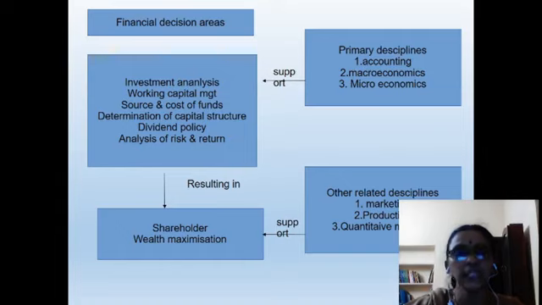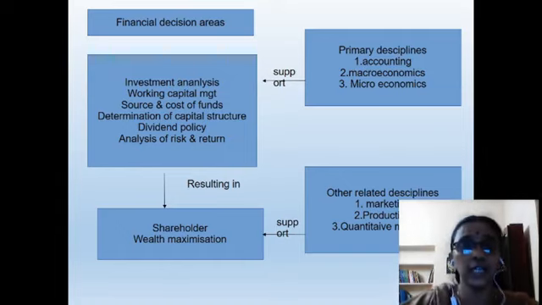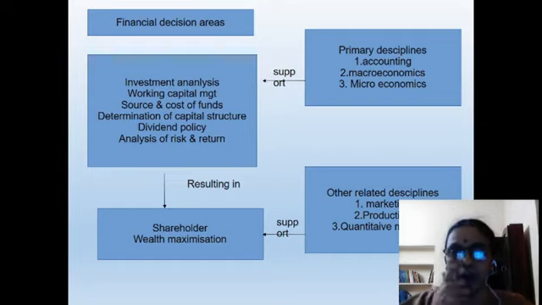So the major financial decision areas, when we have seen the three important decision areas, are shown here: investment analysis, working capital management, capital structure decision, that is source and cost of funds, determination of capital structure, dividend policies, analysis of risk and return. For these major financial decision areas, support is obtained from the primary disciplines of accounting, macroeconomics and microeconomics.